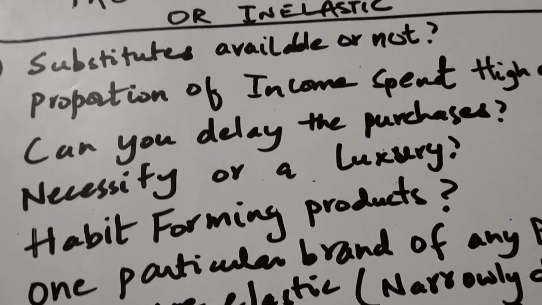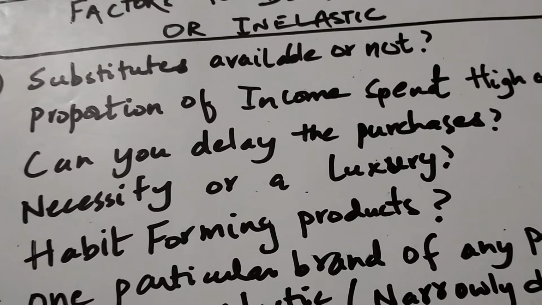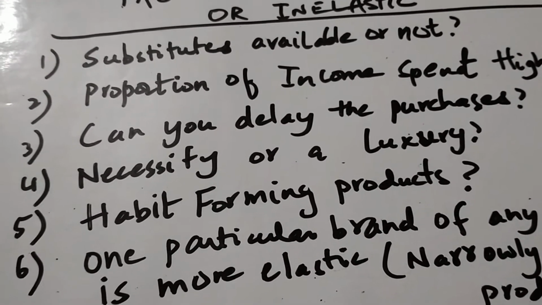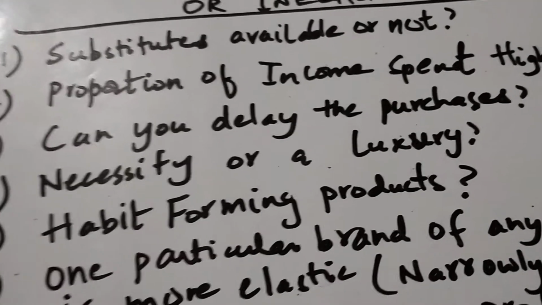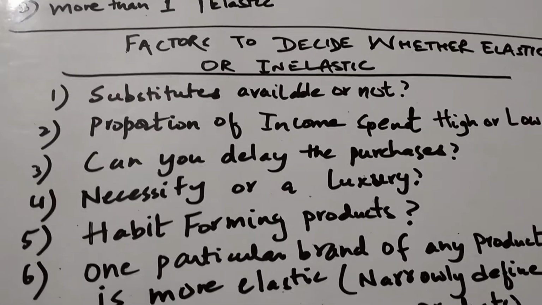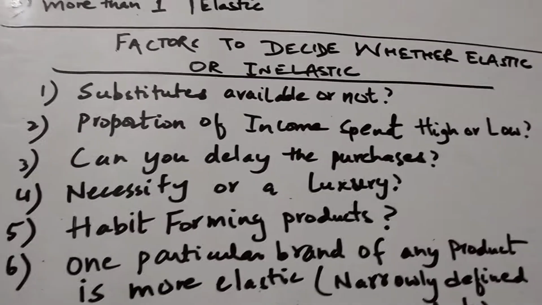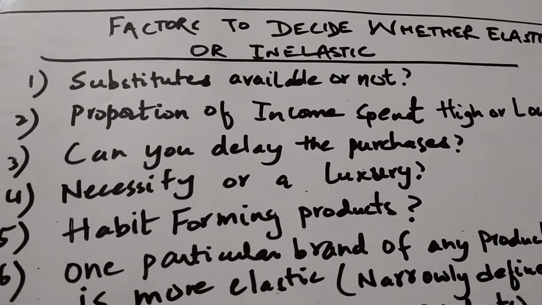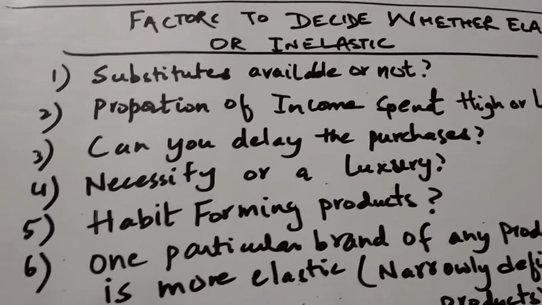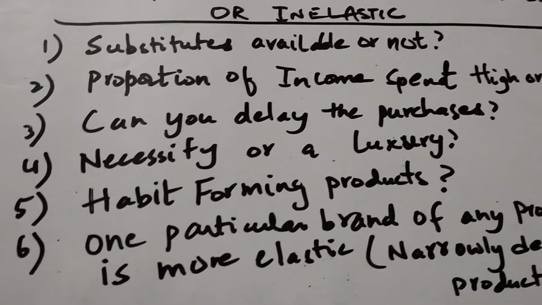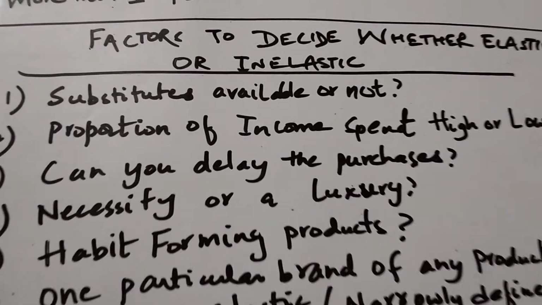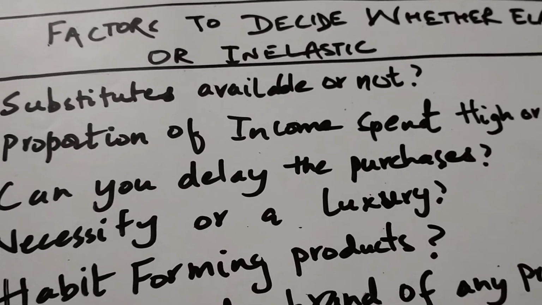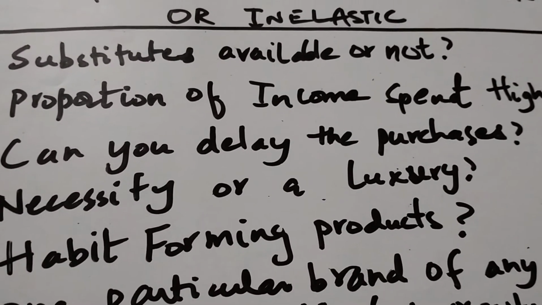So the demand of those products will be price inelastic if there is not much time available. If you can delay the purchases for a particular product, it will be price elastic. And if you can't, for example a medicine you have to buy quickly, then that product will have a price inelastic demand.